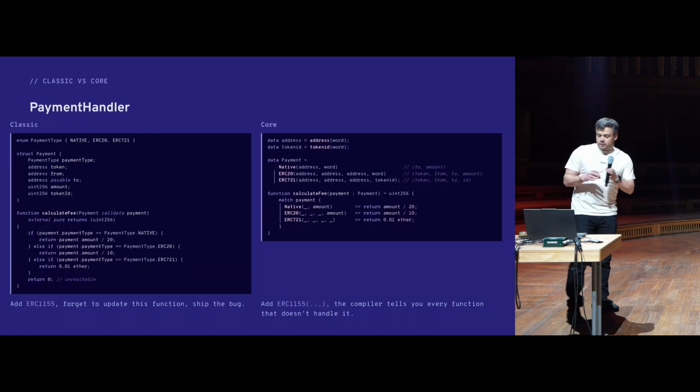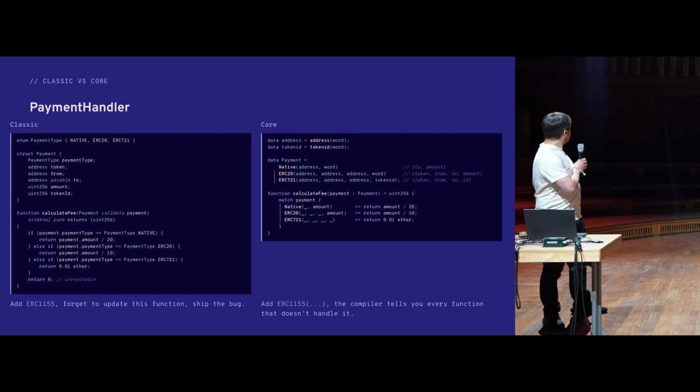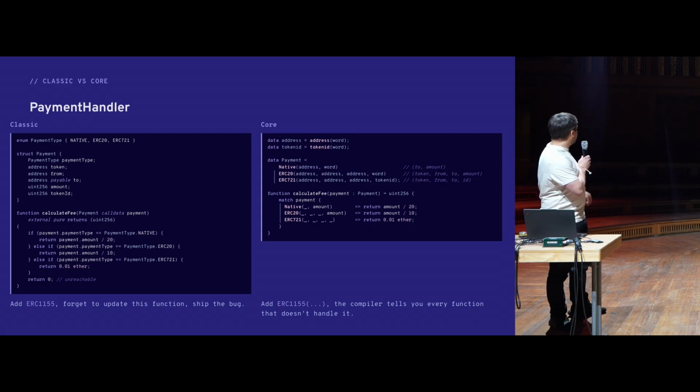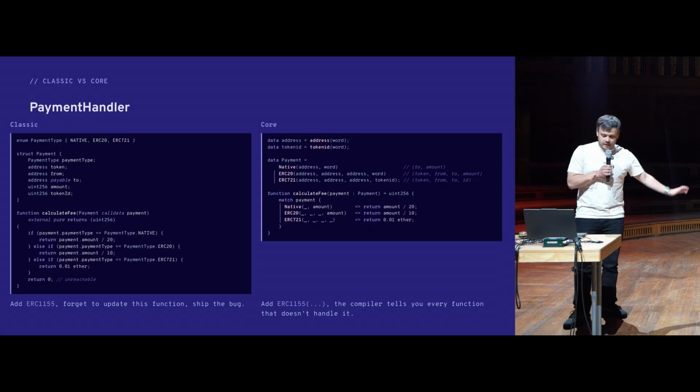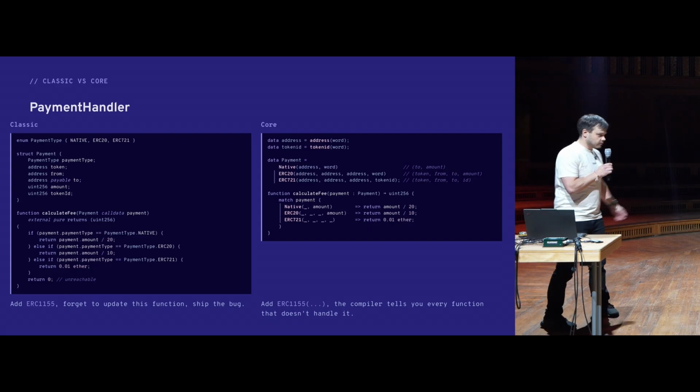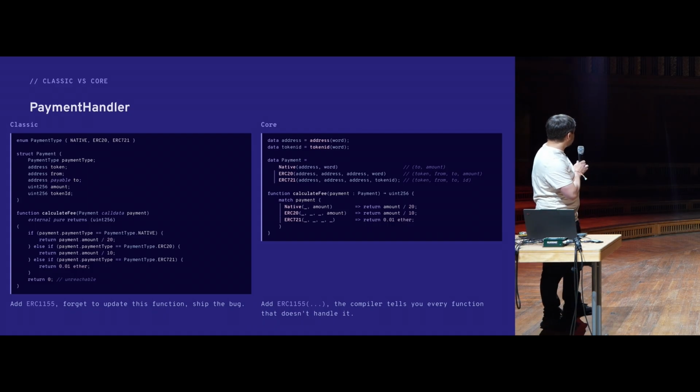Now I'll show a little bit about what the language looks like, or what you can do. I don't know if it's too small for the people in the back; I hope you can read it. Here's an example of a payment handler. On the left side you have the example in Classic, where you have a struct, and there's not really anything keeping you from creating invalid payment types.